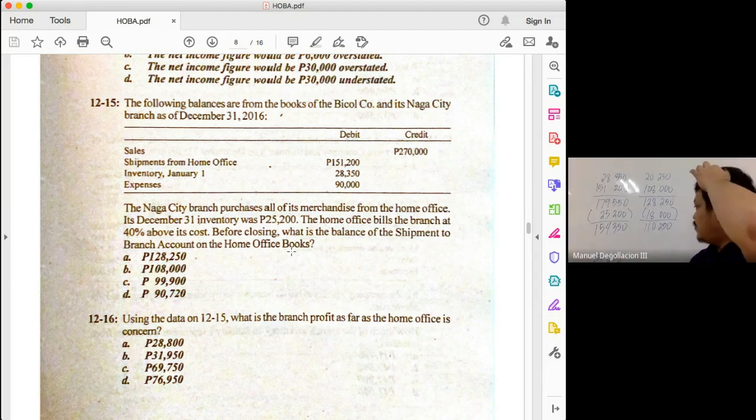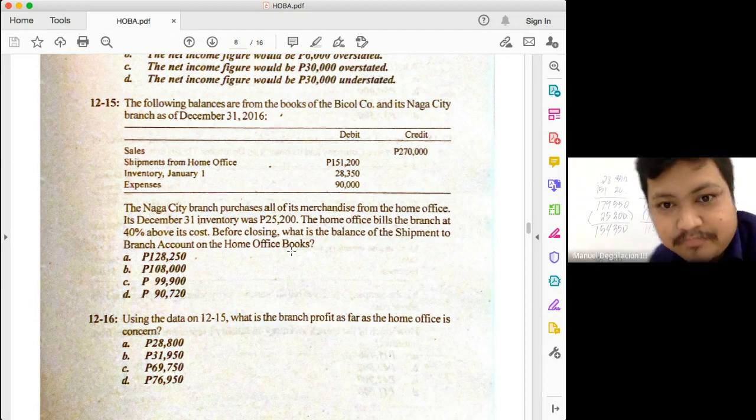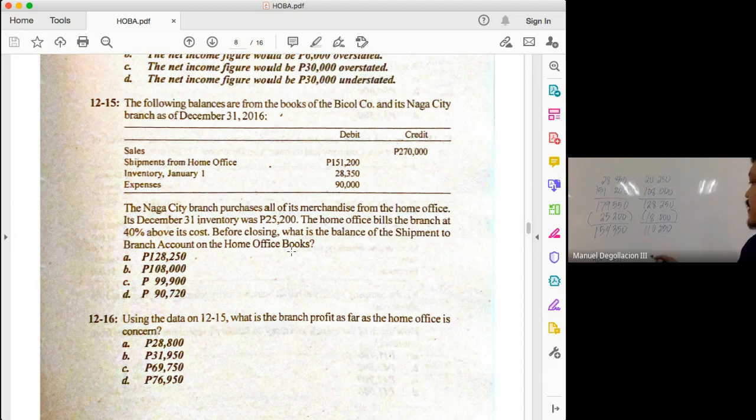This would give you 159,750, and then deduct the expenses of 90,000. How much will that give you, class? 69,750. So that would be the true branch profit, class.